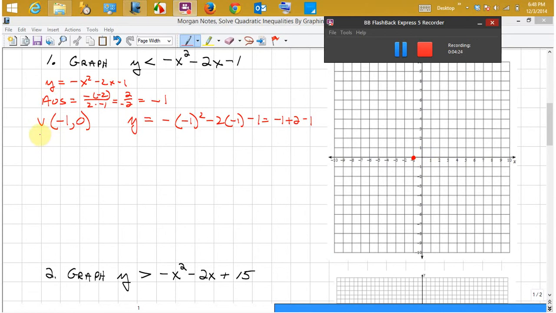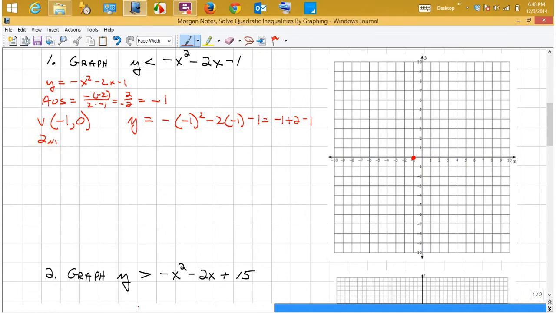So my second point to plot is 1 for x, and I already know that the y is going to be negative 4. So let's plot that. 1. That's two away on this side, so let's put two away on the other. And it's a dashed parabola.